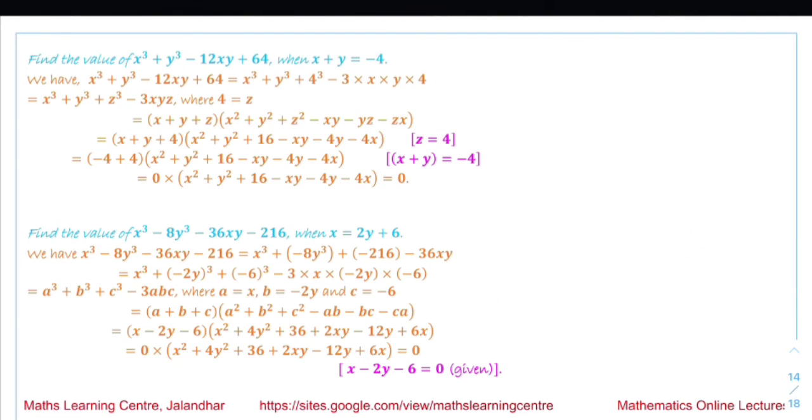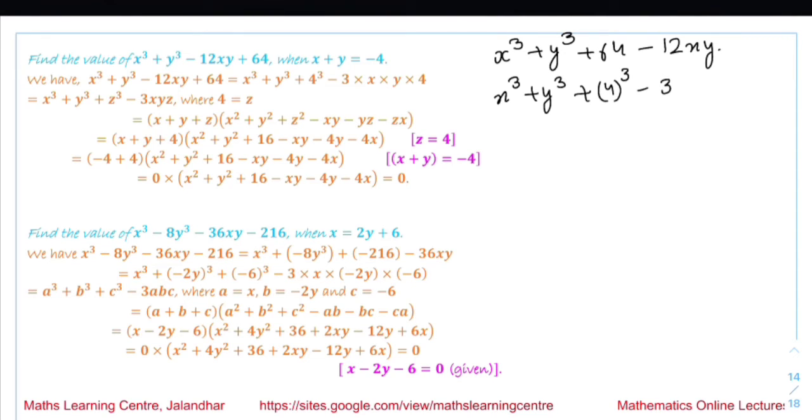Now in this next question, it is x³ + y³ + 64 − 12xy. So what we have is x³ + y³ + 4³ − 3 × x × y × 4.